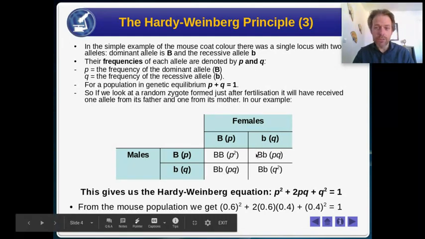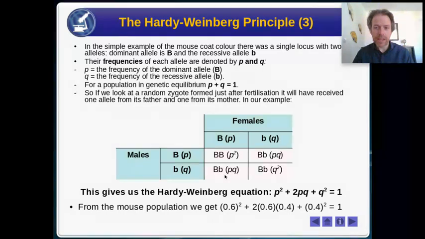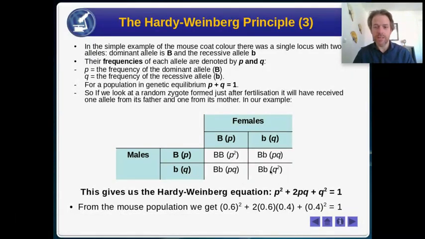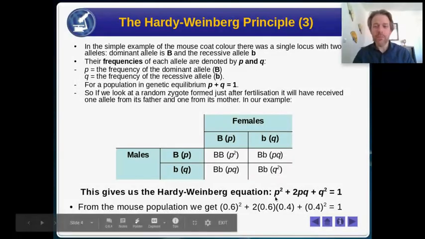So you end up with two lots of Pq. And then your homozygous recessive, little q, is q squared. And that's how we end up with this equation here.